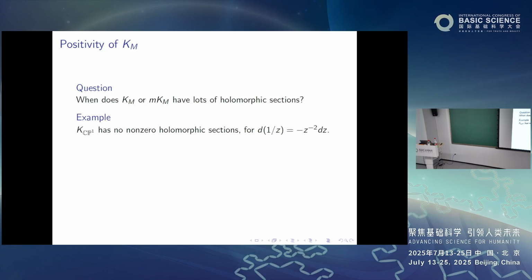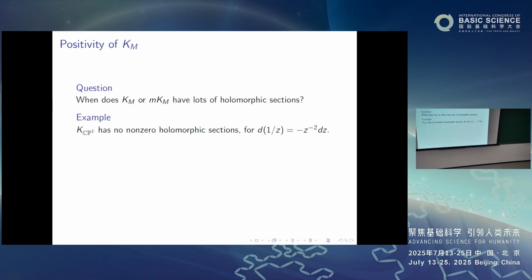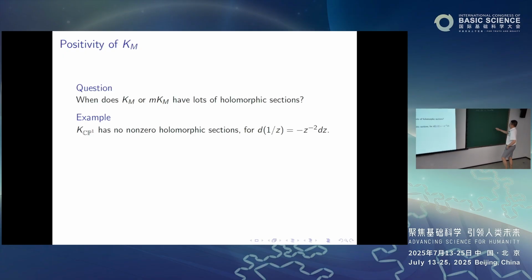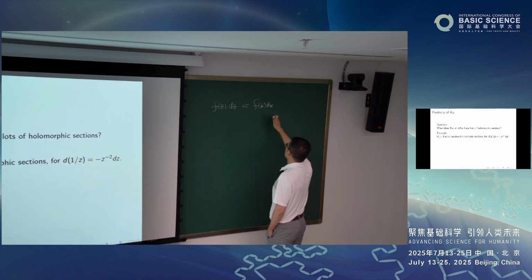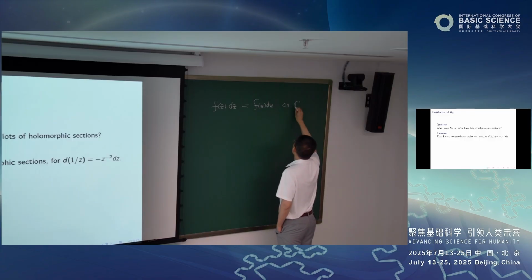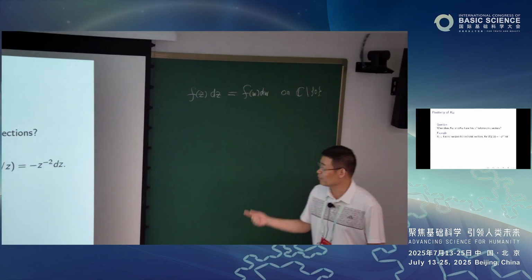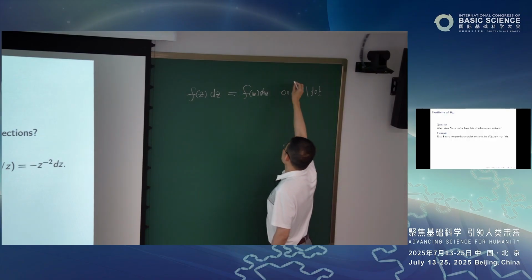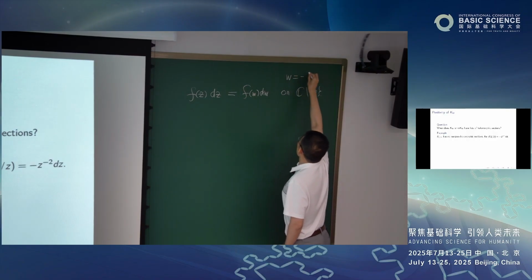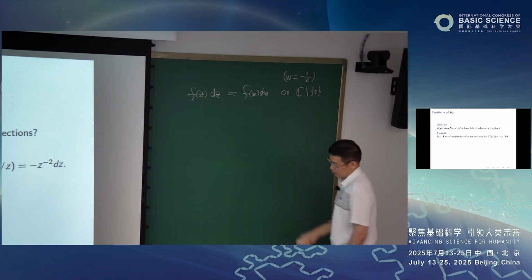Since it's a global section, the local expressions should coincide on the overlap. You remove the north pole, you get a chart; you remove the south pole, you get another chart. They should agree on this overlap. Here the transition is w equals 1 over z.